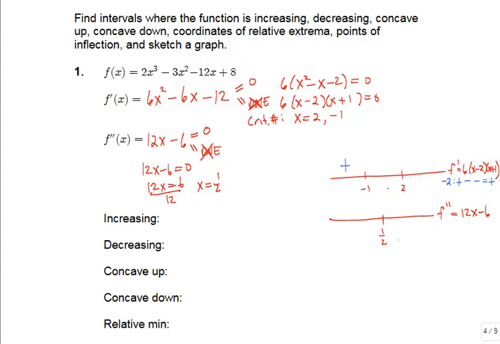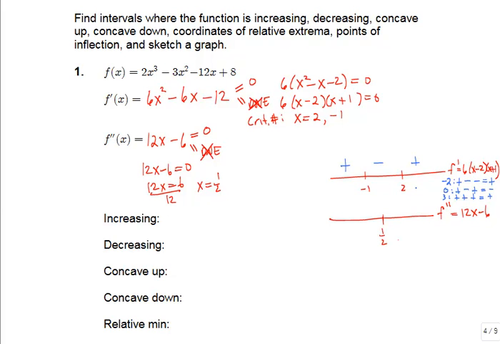If I test something in between -1 and 2, I could try 0. 6 is positive, 0 minus 2 is negative, 0 plus 1 is positive, so this middle region will be negative. And if I pick something bigger than 2 like 3, 6 is positive, 3 minus 2 is positive, 3 plus 1 is positive, so we're back to plus.